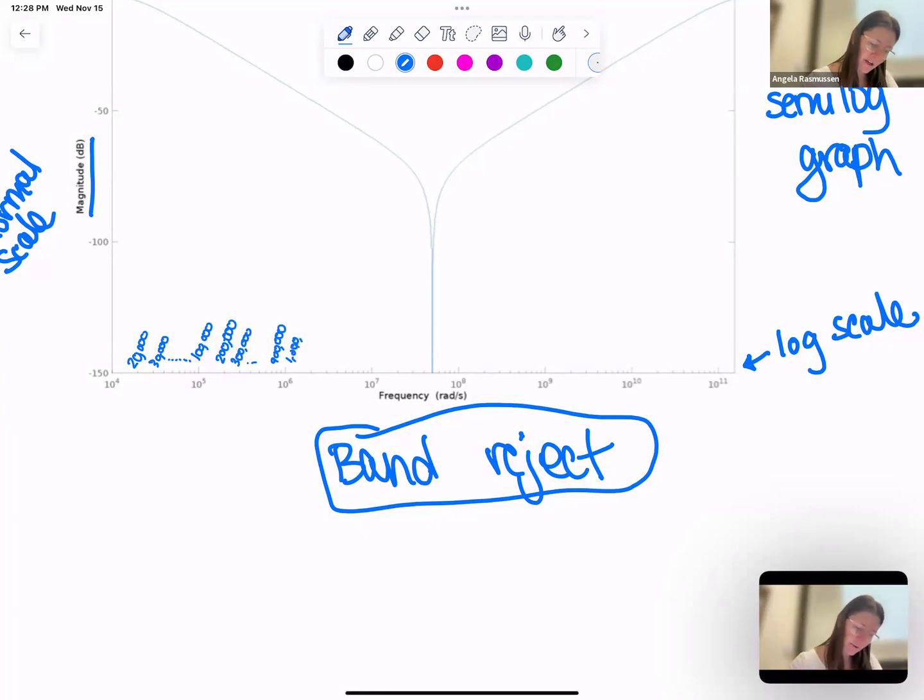Then it's 2 million, 3 million, 4 million, 5 million, 6 million, 7 million, 8 million, 9 million, and then it's 10 million, and so on. Hopefully that makes sense with the scaling.